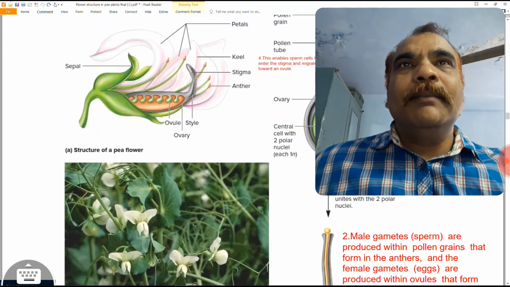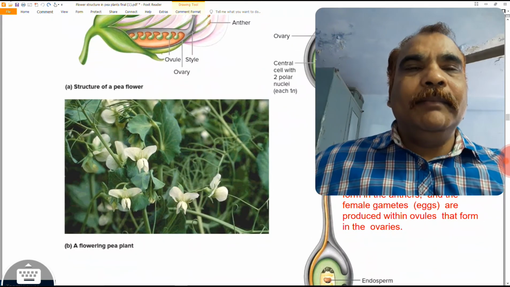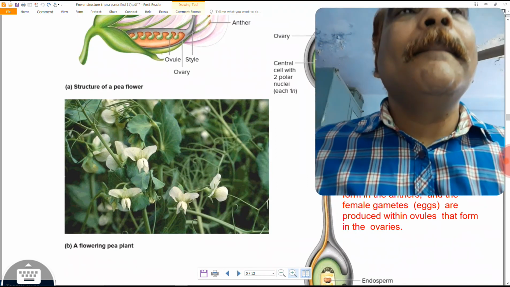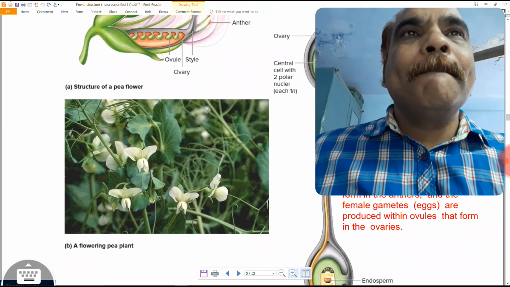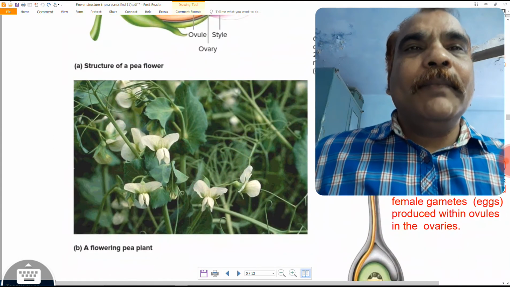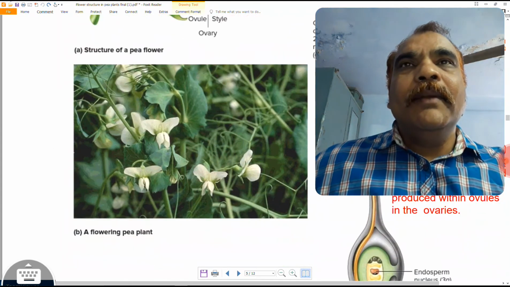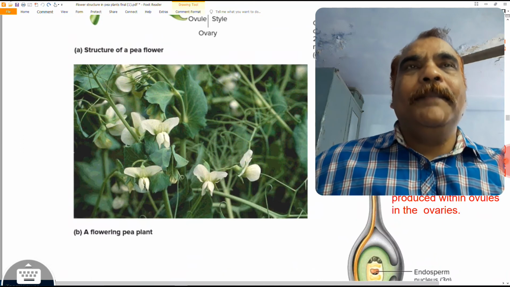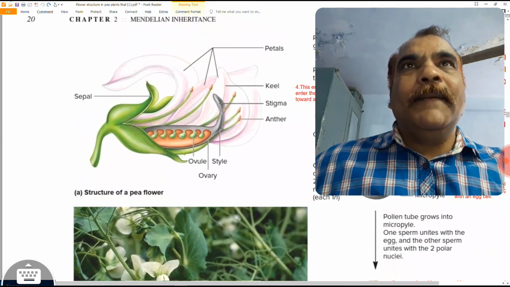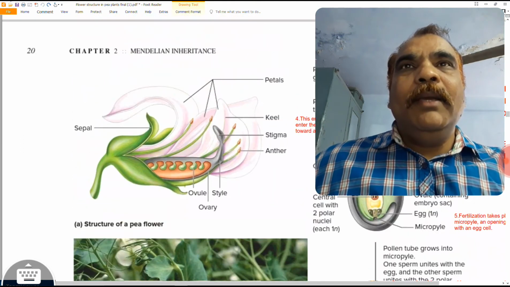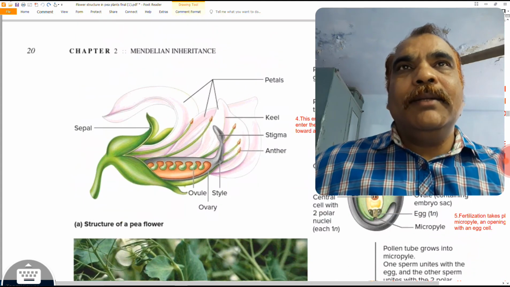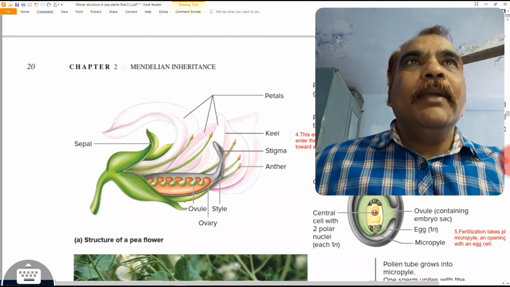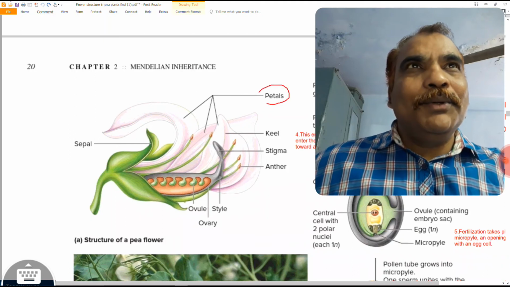Here you see a flowering pea plant, and this is the anatomy, or we can say structure, of the pea plant flower. Here you can see the petals are shown.